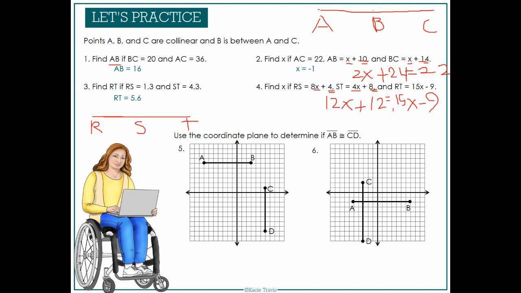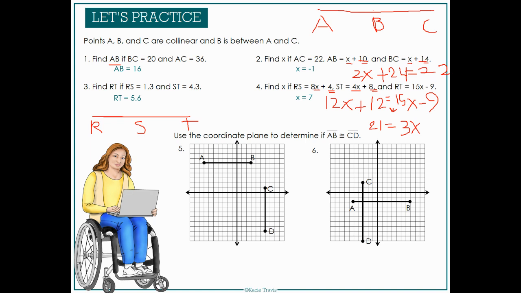This is going to turn it from what we have up here to 21 equals 3x. I get 3x because I subtracted the 12x from the 15x. I get 21 because I'm adding 9 to the 12. If that's the case, I have to divide both sides now by 3, which means that my x equals 7. So that's what I got.